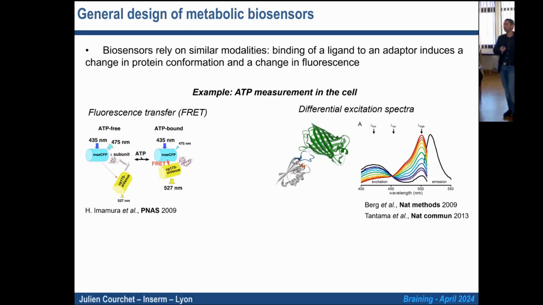Okay? So now why two different modalities? Well, one of the limitations is that for that you need a microscope that is able to read the green with a decoupling of the excitation for the green. And not all microscopes can do that. There is a very standard excitation light for GFP.